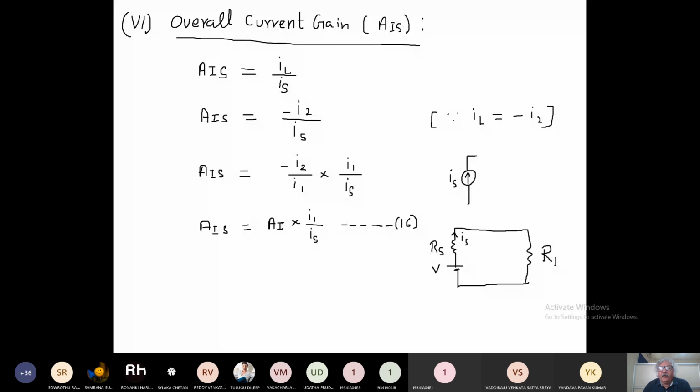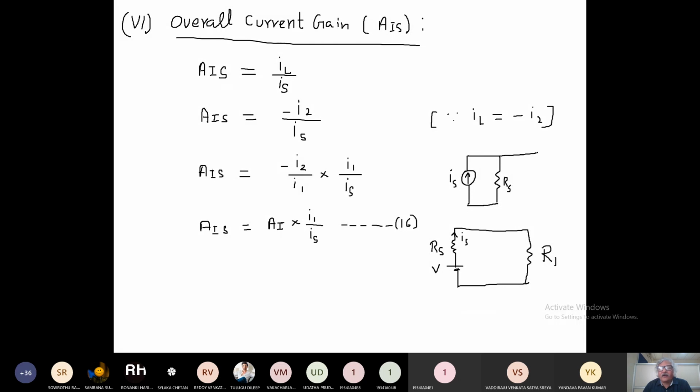Parallel. Yes, we connect it in parallel. This is my RS. So the voltage source whose internal resistance Rs is in series with it, if we convert it to a current source, then we draw the current source and the Rs will be in parallel.